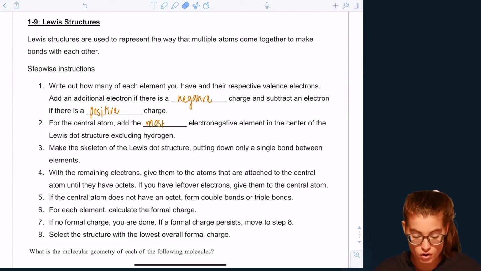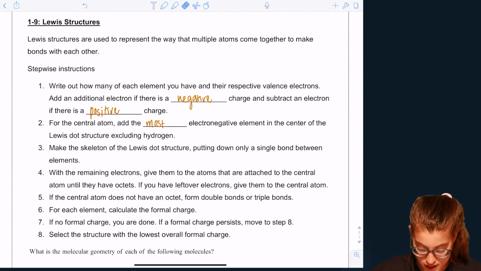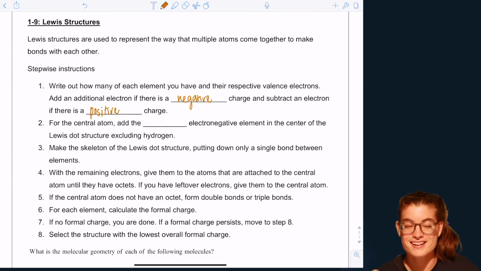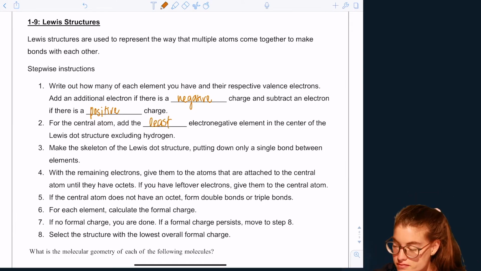So that's why, oh, I just wrote this wrong now that I'm looking at it. Sorry, guys. So for the central atom, you usually want to add the least electronegative element to the center. Even though I wrote the wrong thing, I explained it correctly, right? The least, okay.